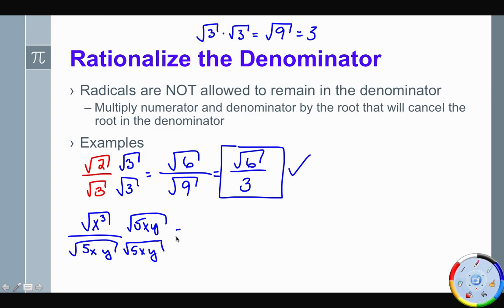When we do this to the denominator, notice that we get the square root of 5 times 5 is 25, x times x is x squared, and y times y is y squared.